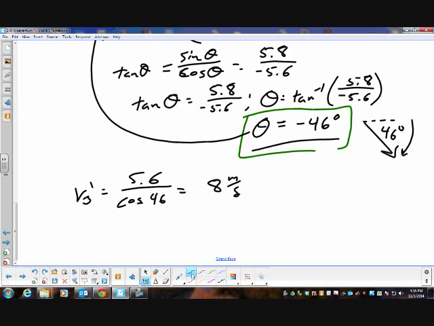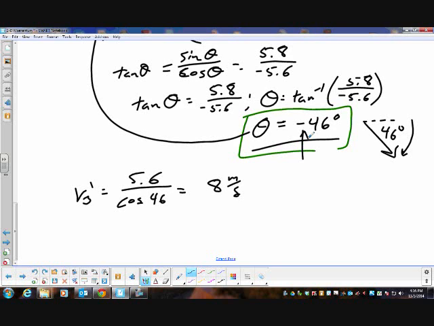I know the signs can get a little confusing, and what you have to recognize is whether we're using the sign for direction or not. And this negative sign is for direction, which tells me it's down. That's fine. That's supposed to be expected. But I'm not going to get a negative value for the magnitude. And that's why I kept everything positive.